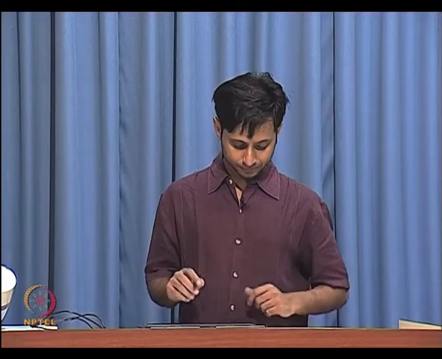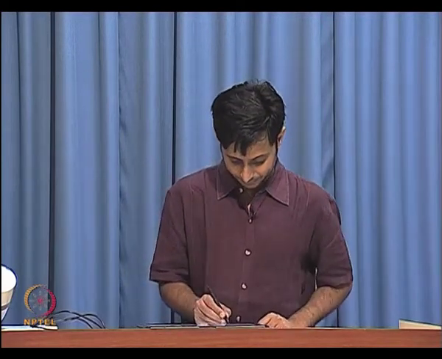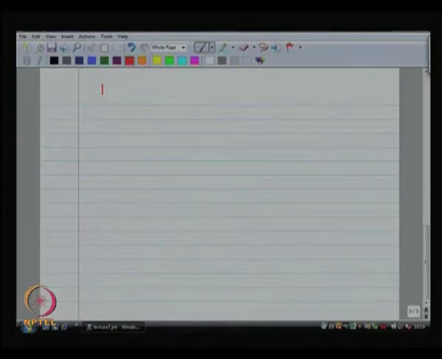Modern resistors are made out of a material called polysilicon, the same material which is used for the gate of a MOS transistor. You can also use metal to make a resistor. In any case, let's just see what is done.